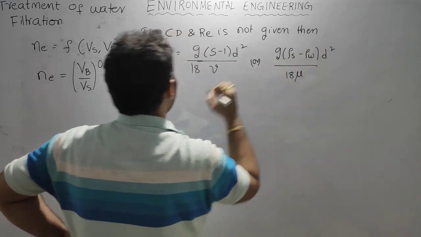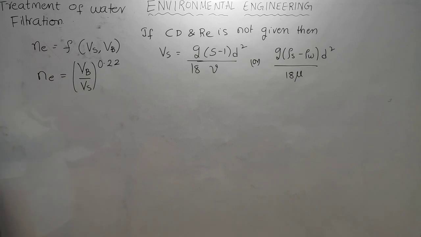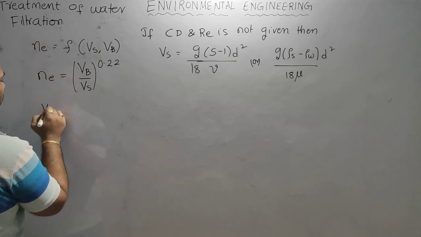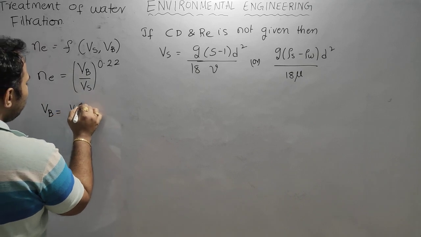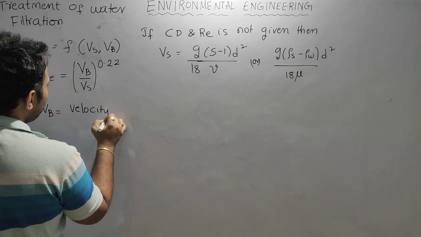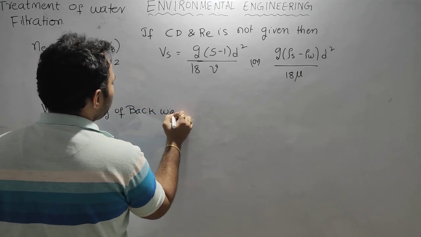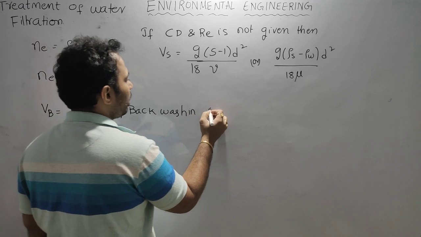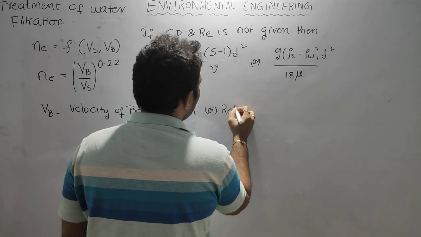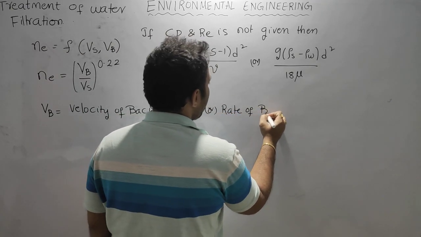This formula you all know already. This also applies where Re and Cd are not there in the question. And we need to find the rate of backwashing, this Vb. So Vb is nothing but the velocity of backwashing, or rate of backwashing.